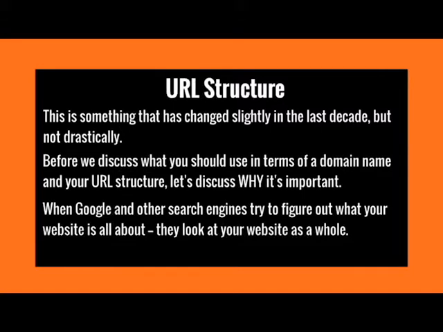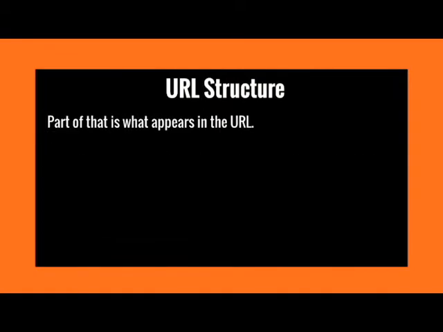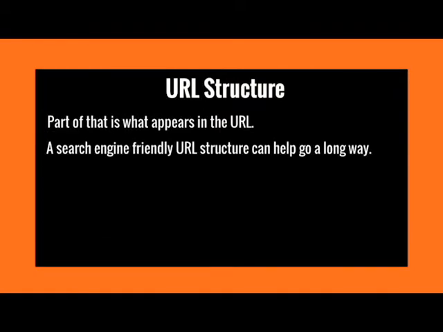They're not just going to look at URL structure or your domain name or your categories or your page name. They're going to look at everything as a whole. Plus, in addition to that, they're going to look at how people interact with your content and if the content is legitimate. Now, part of that is what appears in the URL.